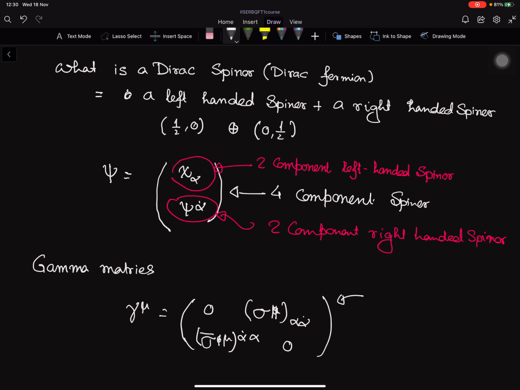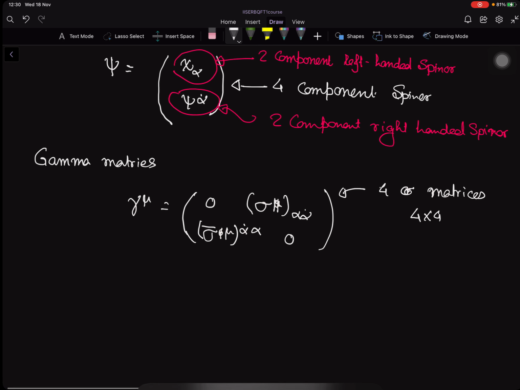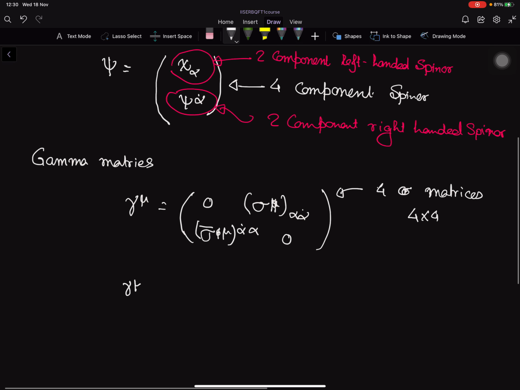So four of them, four matrices, each of them 4 by 4. Okay, and you can check the gamma matrices; this is actually called the Weyl representation of gamma matrices.